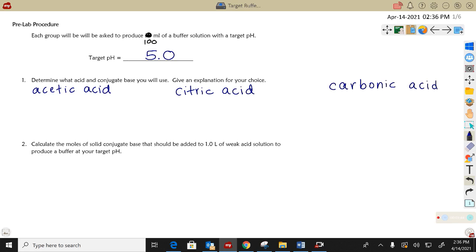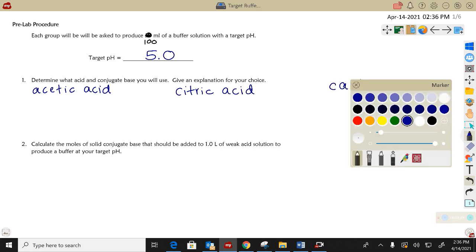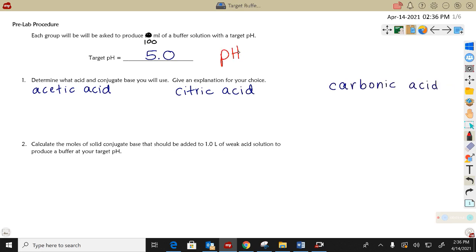One of the best ways of starting off this is to look at the Henderson-Hasselbalch equation. pH equals pKa plus the log of this ratio, where it's the concentration of the negative ion, the conjugate base in this case, over the concentration of the original weak acid.